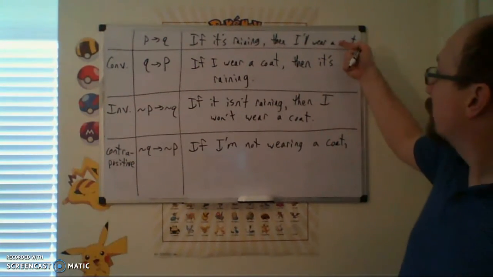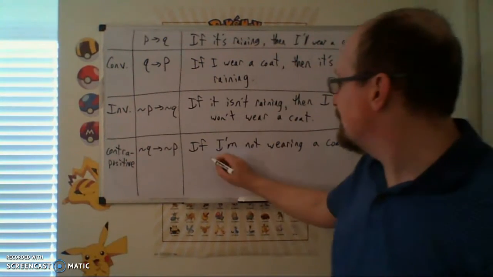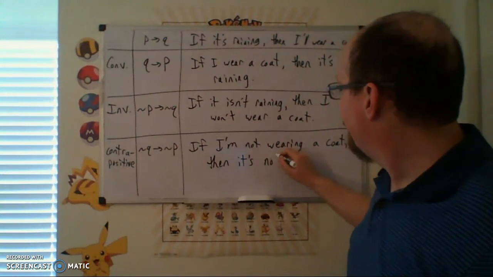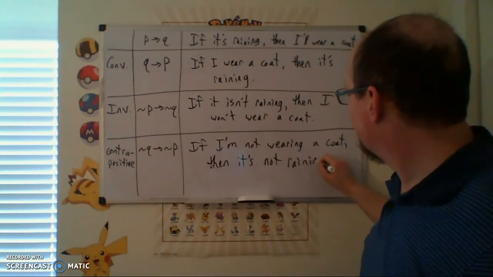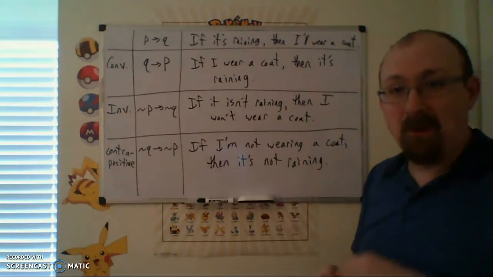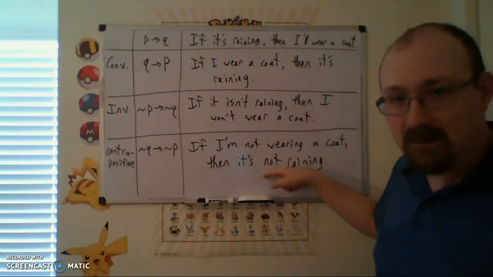So now if I'm not wearing a coat, because I've needed to move this up front with the if and I've needed to apply negation, then it's not raining. Okay, so it's an example of how to mix these things up. Converse, inverse, contrapositive.